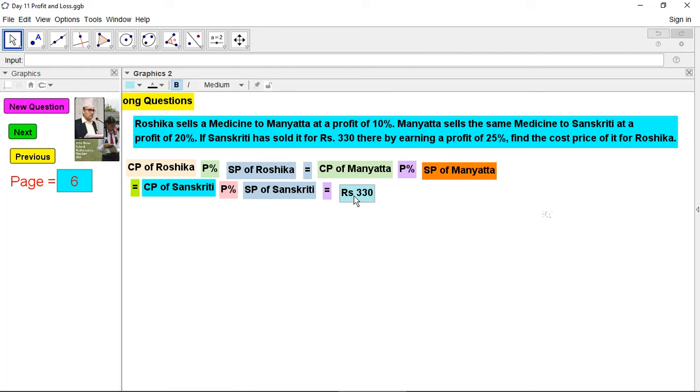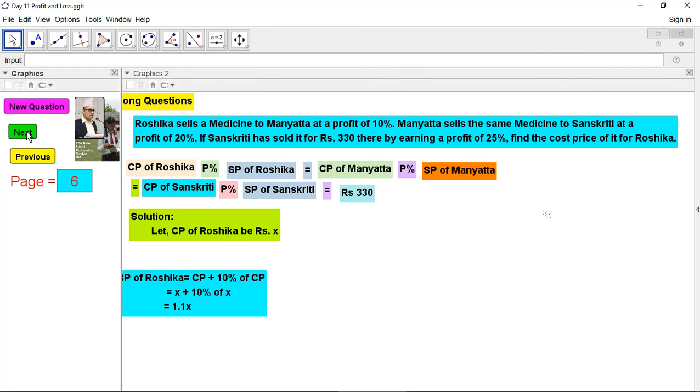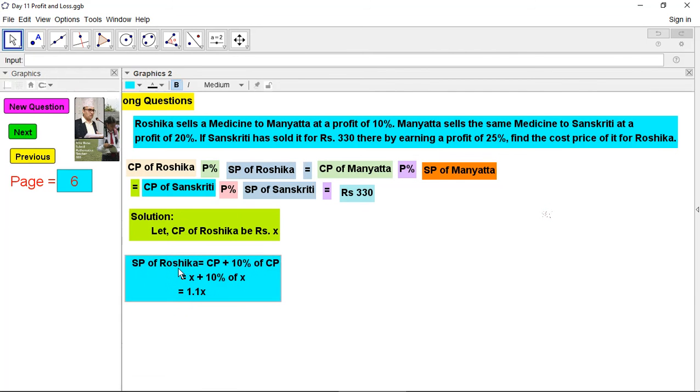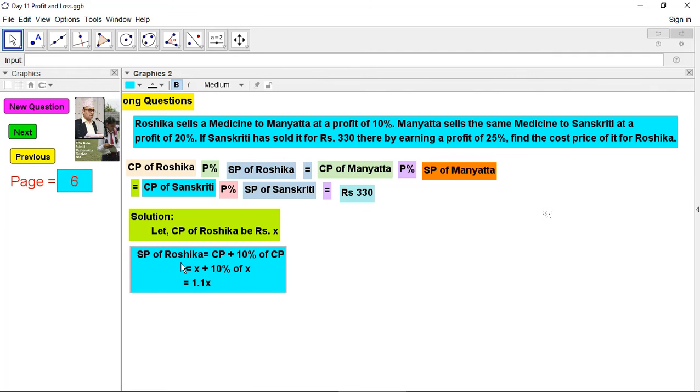Thank you. Now here, dear students, the solution part follows the same pattern. I have given this pattern only for your understanding, that is not the solution part. So let CP of Roshika be X. What is the selling price of Roshika? That is CP plus 10% of CP.